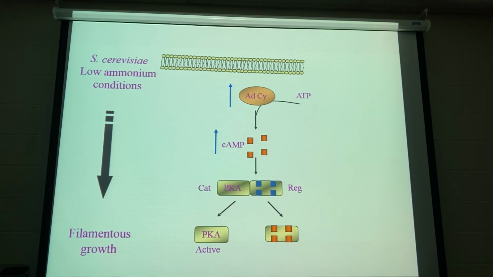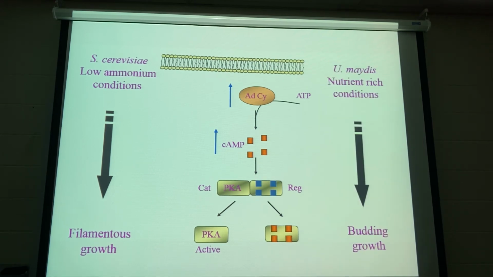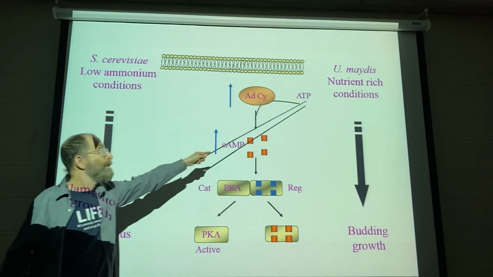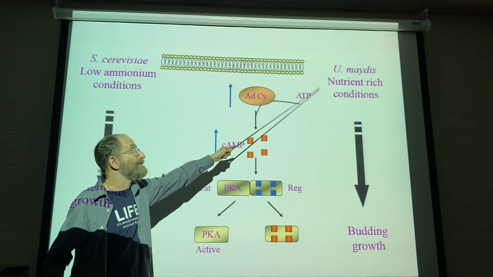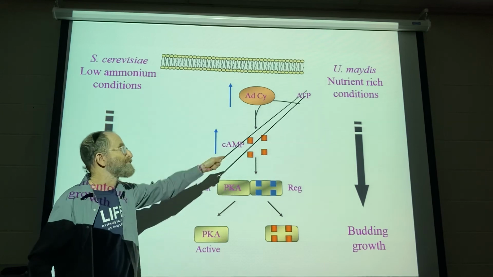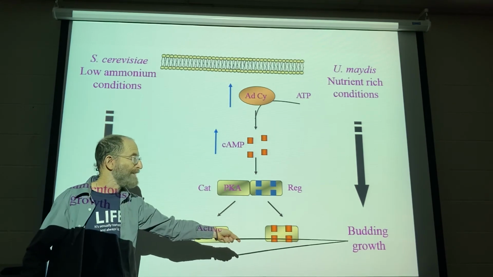But if they switch to filamentous growth, they can extend out their cells and look for a new place where there might be nitrogen. At least that's our human interpretation of why they might do that.